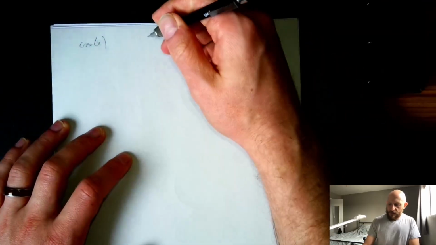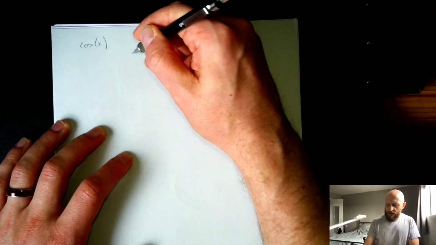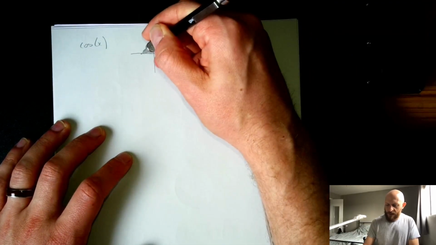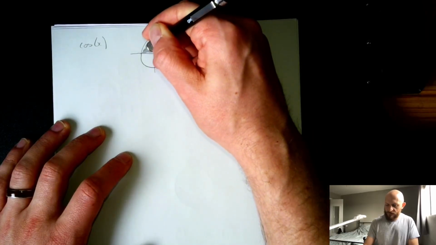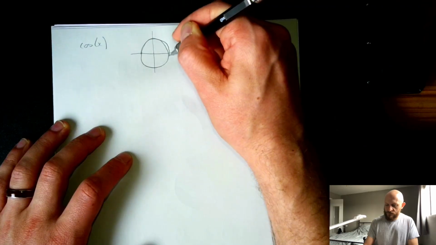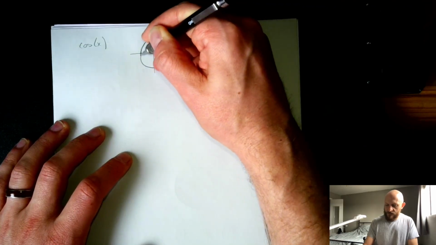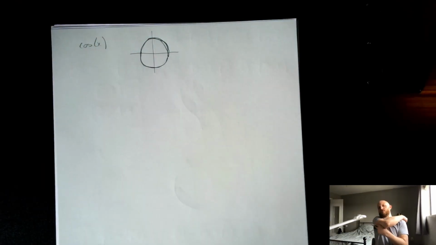So cosine of x. First, we want to think about how we want to restrict this domain. So again, think back to the unit circle. Cosine is not 1-to-1, so we have to restrict the domain before we can define the inverse of it.